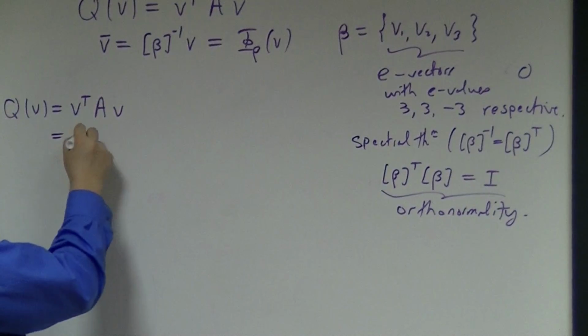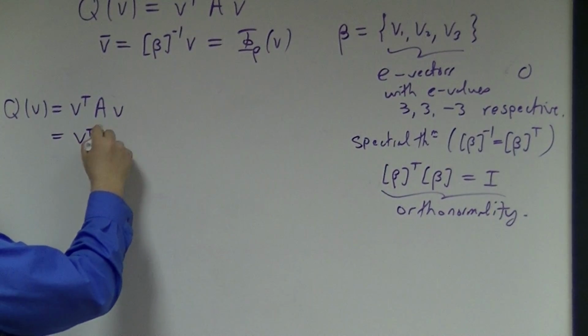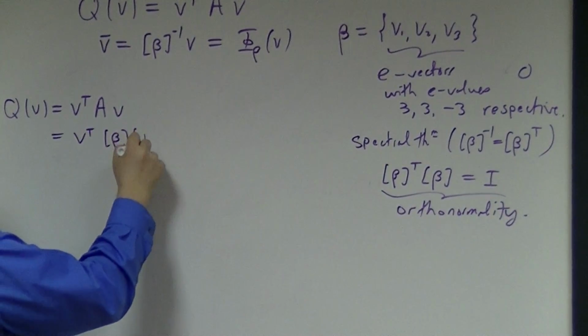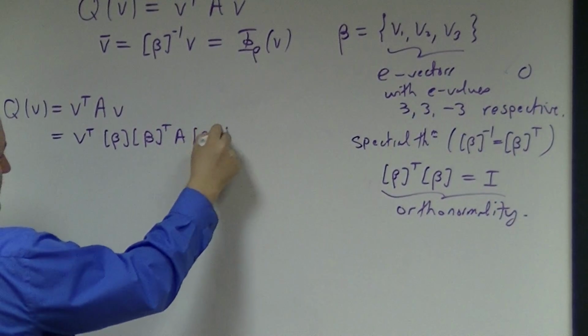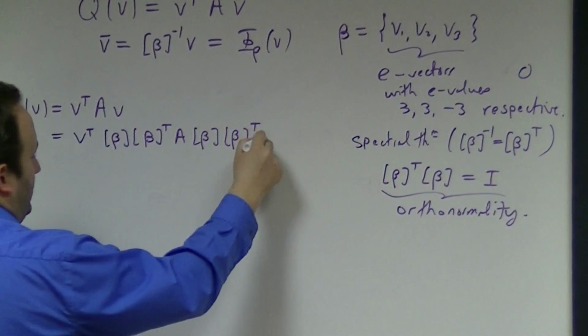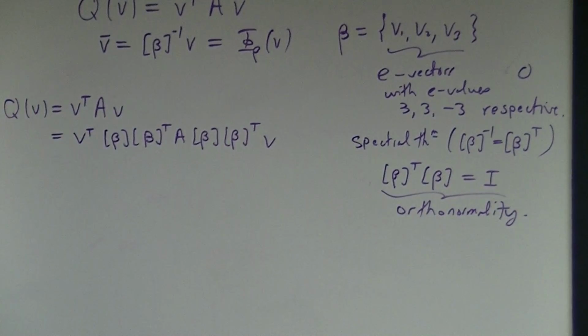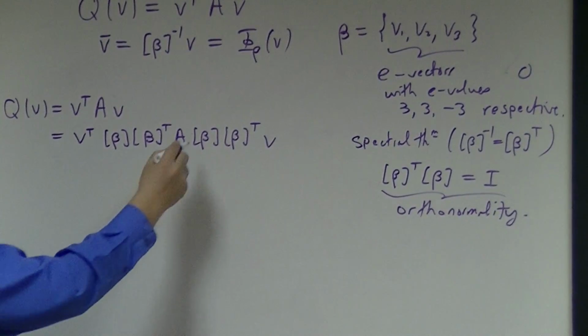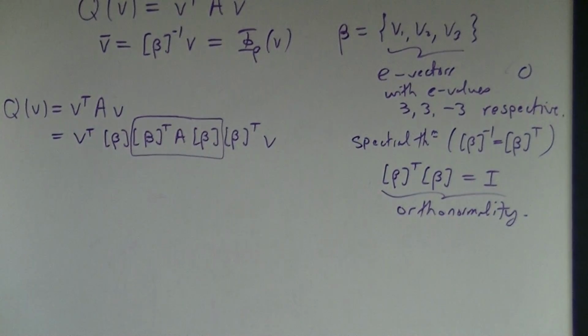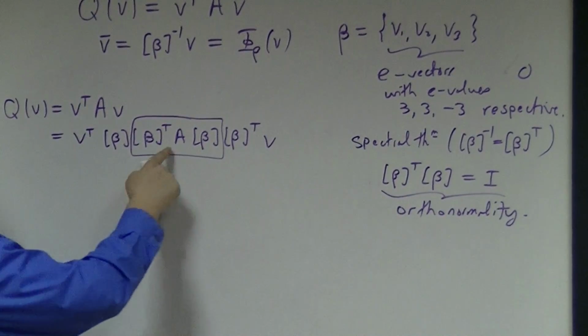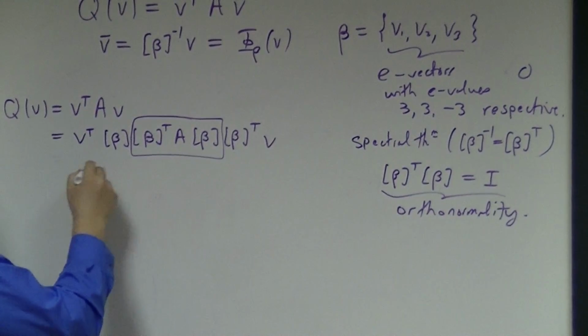So just gotta be creative here. Let's see here. So this is V transpose. What do I got? I got myself a beta, beta transpose A, beta, beta transpose V. See, all I did was I put in copies of the identity matrix. This is allowed. Now, what I have in the middle is a similarity transformation, right? And if you want, I can work it out, but what that is, of course, is what?